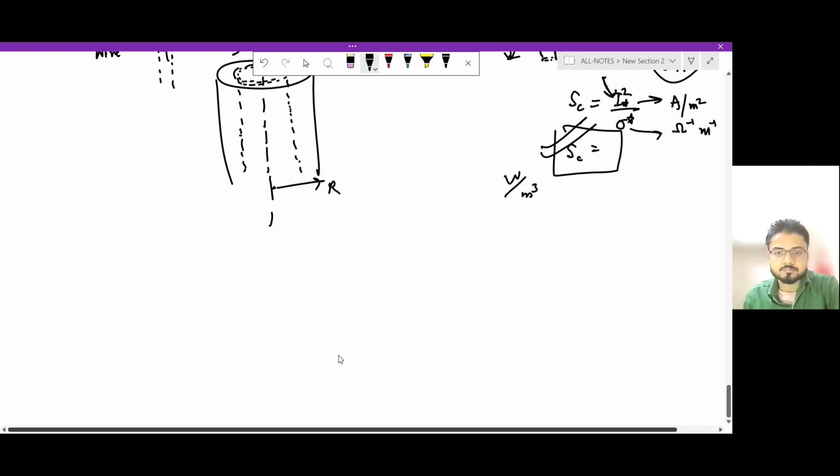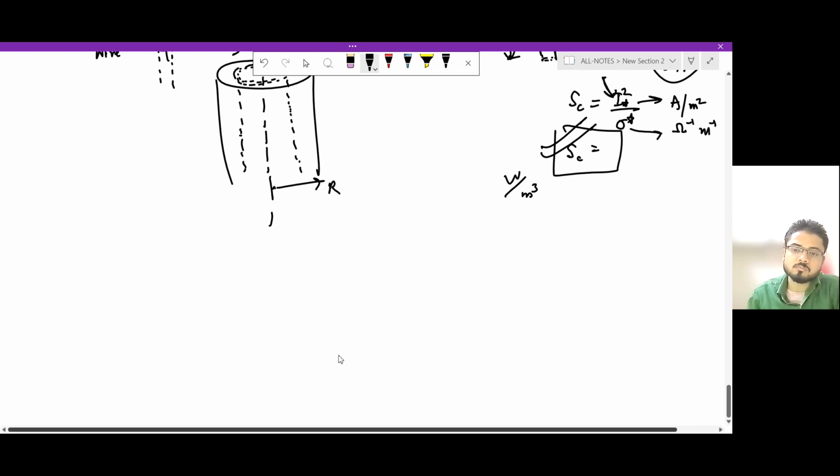And this is, let's say, S_c dot, for example. Let's assume that this is volumetric heat generation, and we also write a dot here for further clarification that it is a rated entity, that is per unit time.